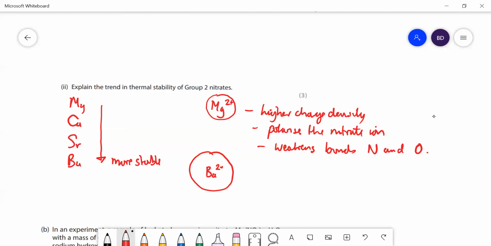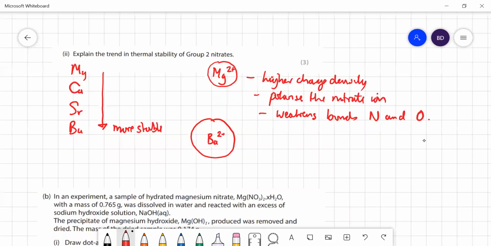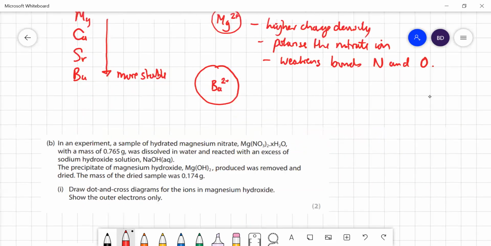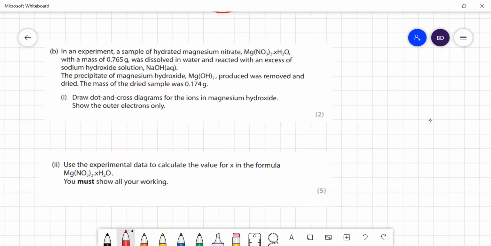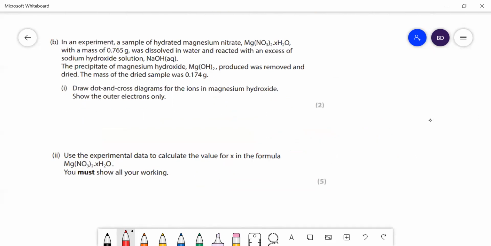Okay, so now we have to calculate the value of X in this next question. First of all, let's do the dot cross diagram.